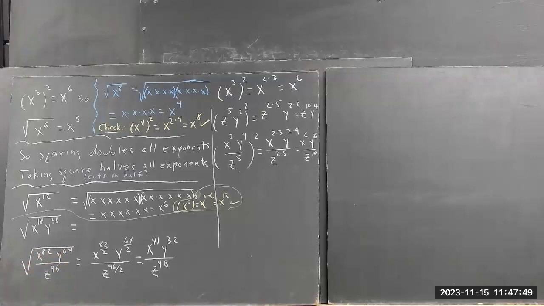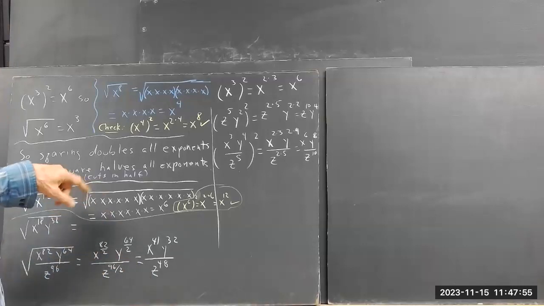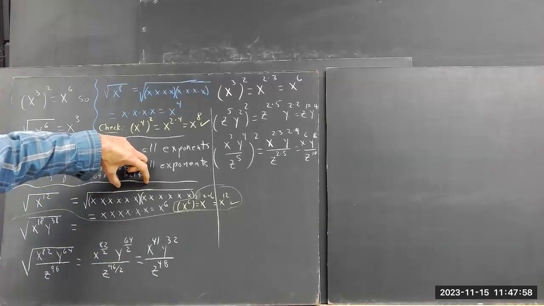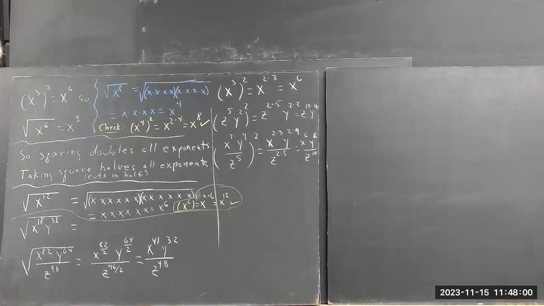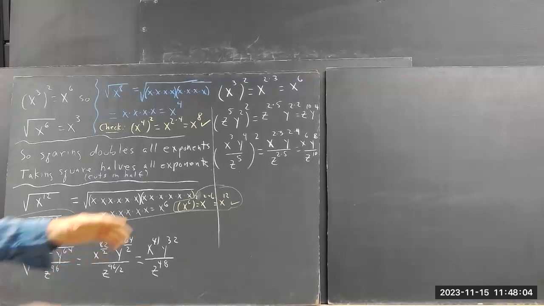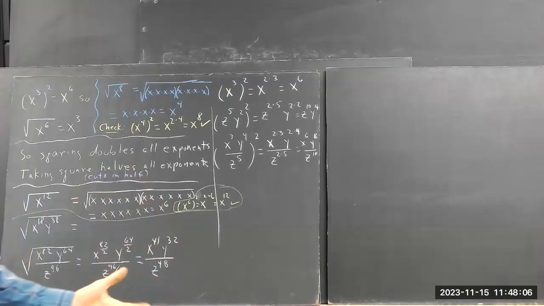Now that's pretty easy. But you don't want to lose track of why you're dividing these by 2. You want to be sure you see this. But you don't want to have to write out 82 x's and figure out how many to group to cut it in half, right? And then we can check.